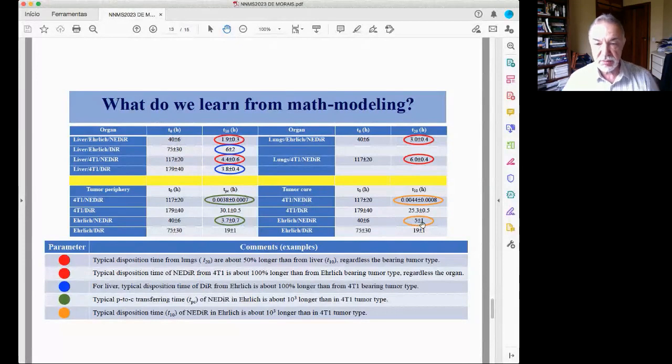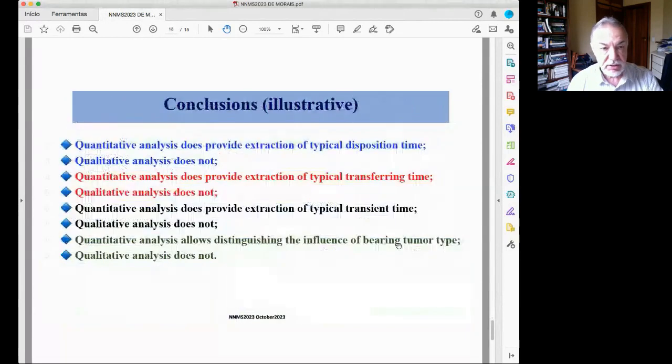It means that these tumors behave completely differently in terms of transferring time from the shell to the core, and also in disposition time. All these very important conclusions you can extract from the typical times your math analysis can provide.